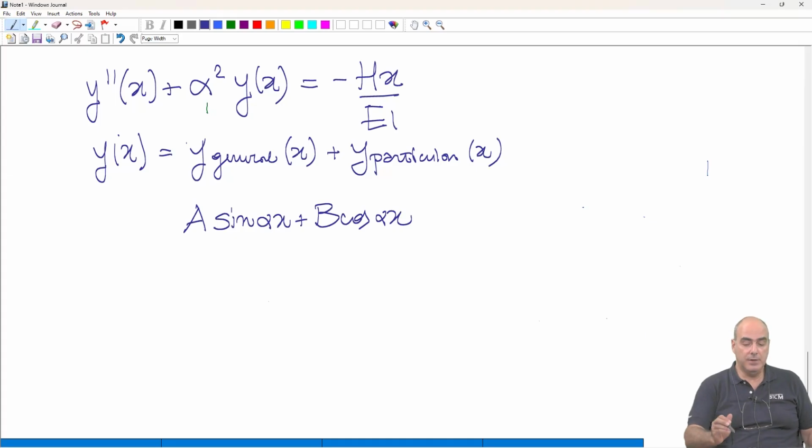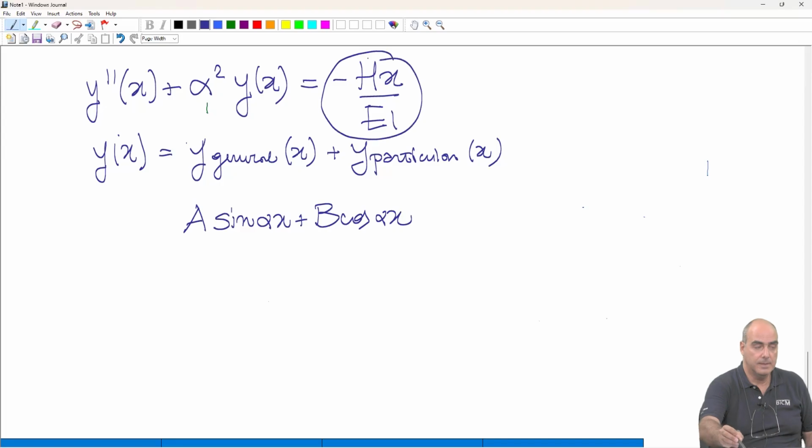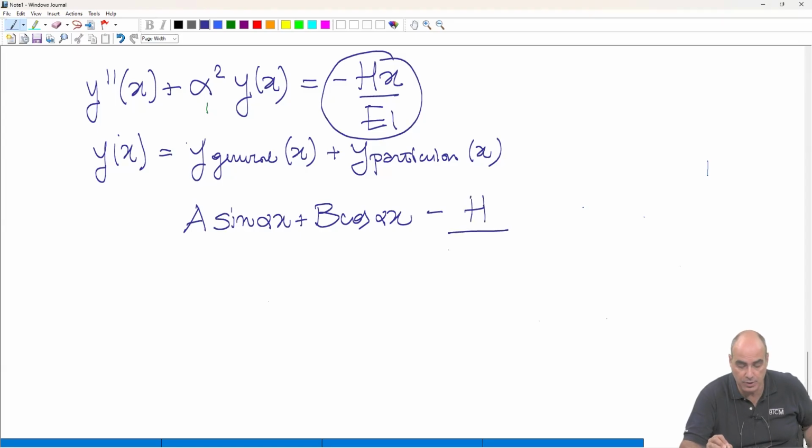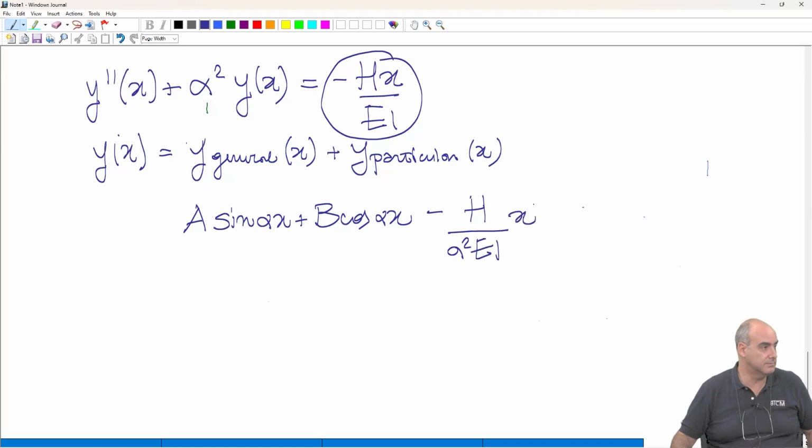And the particular solution actually depends on what you have at the right-hand side. In this case, I don't go into the details, but it's minus h over alpha squared EJ times x. The particular solution is a solution that, if you put it into the equation by itself, verifies it as an identity, and there you have some very simple rules of polynomial identity to determine that.